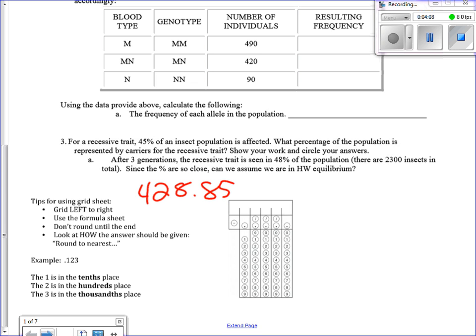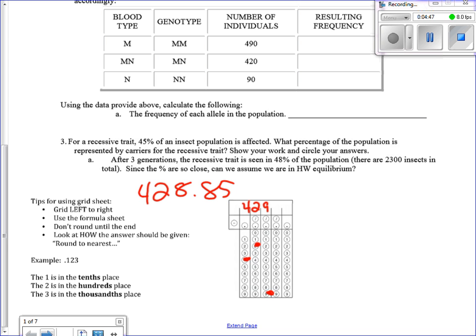Oh my god, this is like elementary math. 429. No, come on. The 4 goes first. I want to write left to right. So 4, 2, 9. Hopefully you bubble it in a little bit better than I did.